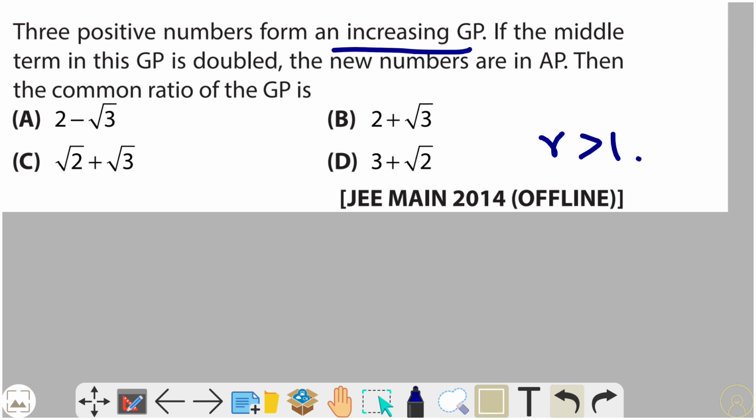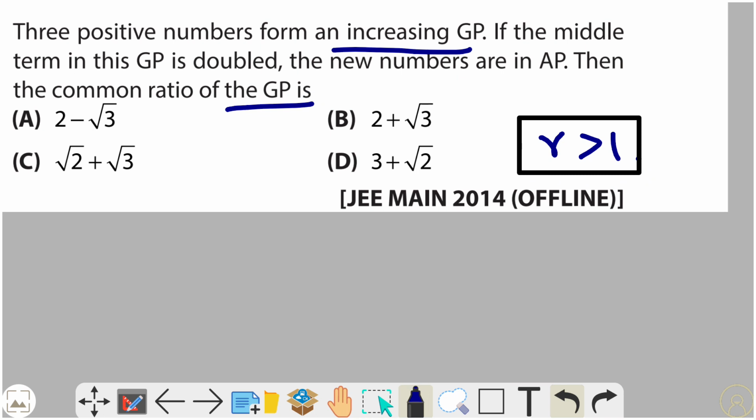If the middle term in this GP is doubled, the new numbers are in AP, then the common ratio of the GP is dash.